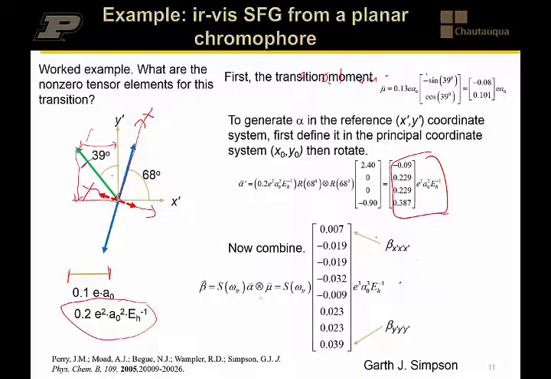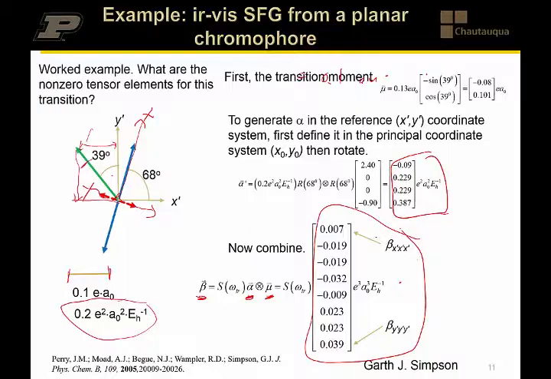Well, we know that for vibrational sum frequency generation, the vectorized beta, all 27 elements in a row, is given by the vectorized alpha, Kronecker producted with the vectorized mu. And that turns out to look like this. That doesn't look like 27 numbers, does it? It's not, because we're only in the x prime, y prime coordinate system. We've neglected anything with a z in it.